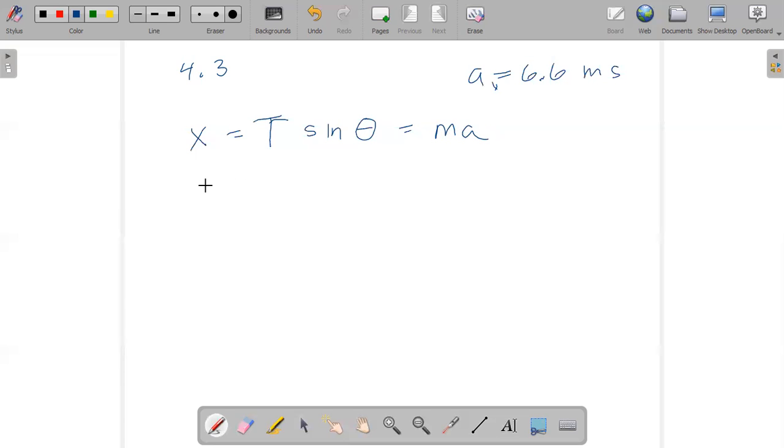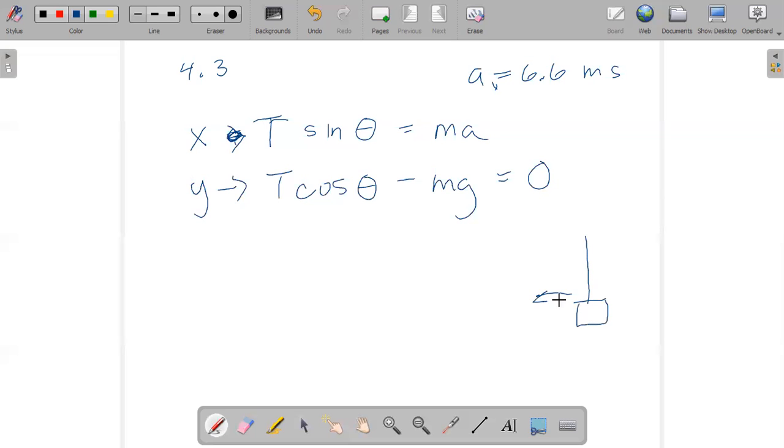And in the y direction, we have T cos theta minus mg equals 0. It's not accelerating in this direction, right? It's going that way, but we have the tension, which is holding it up.